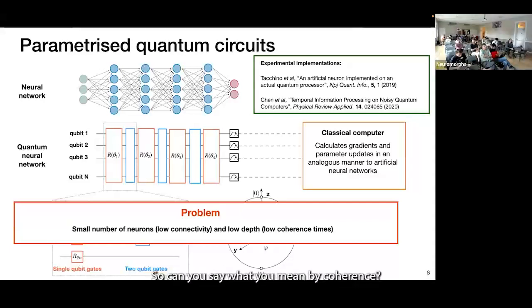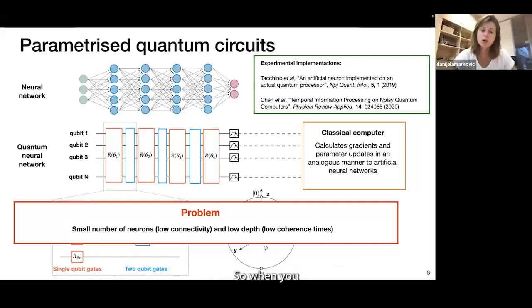Can you quickly say what you mean by coherence? Because this is also something that people say often, like decoherence is a big problem for quantum computers, but what do they actually mean? Yes, of course. When you want to describe a quantum system, you need to consider it in its whole, because there are correlations between different components of it.